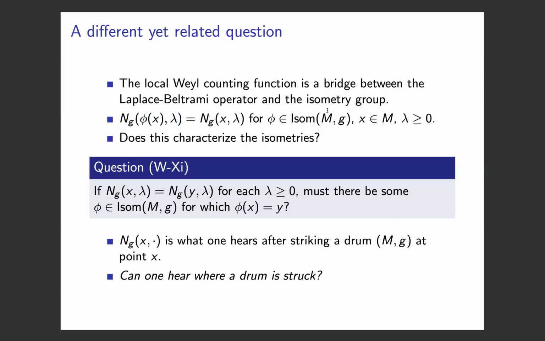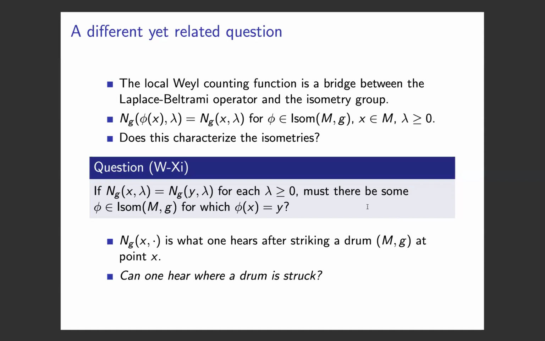Not if it just holds for one lambda, but if it holds for all lambda. So there's an infinite number of constraints to keep in mind. Put another way, if the local counting function at x coincides with the local counting function at y for all lambdas, must there be an isometry taking x to y? Must they be in the same orbit?